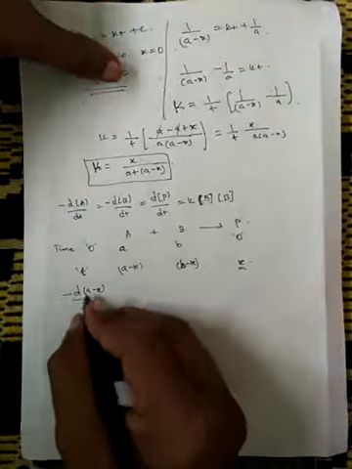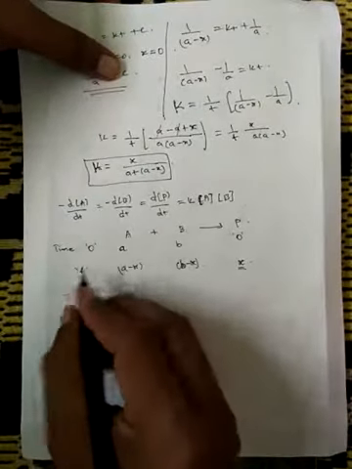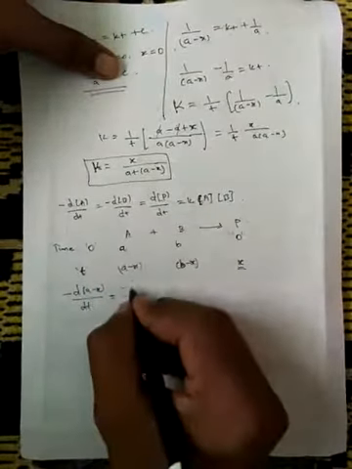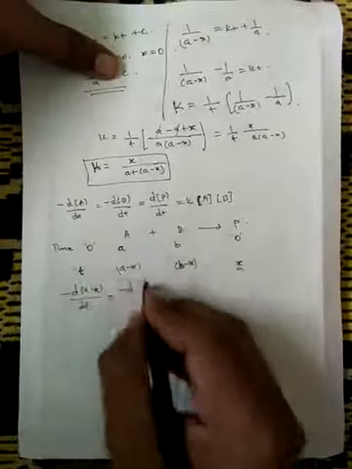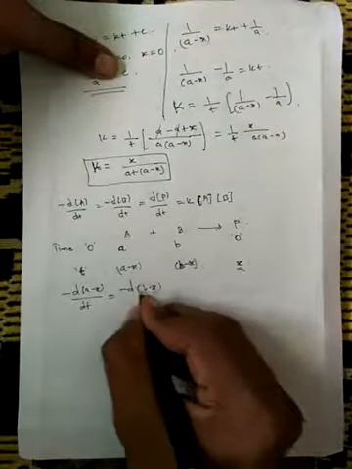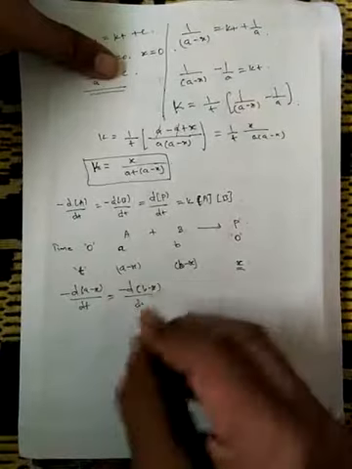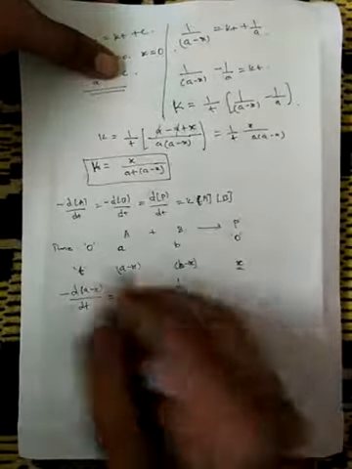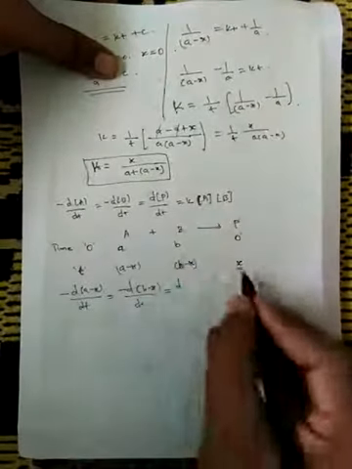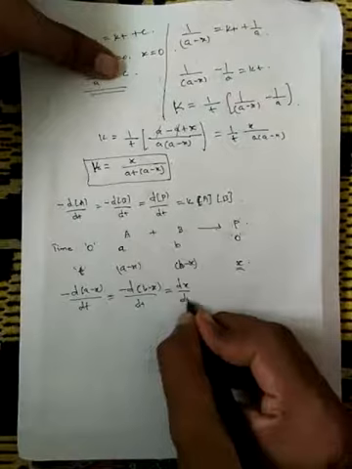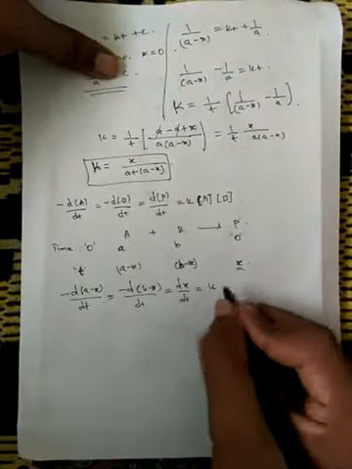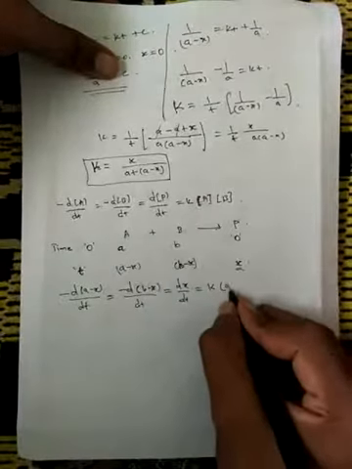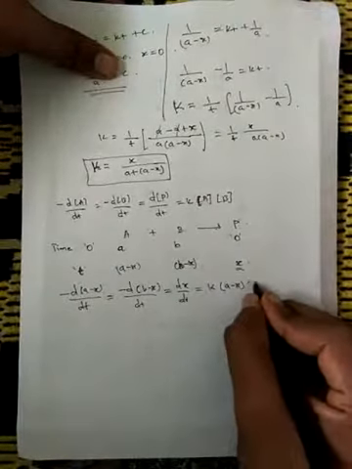So this is the rate with respect to A, equal to minus d concentration of B at time t, which is b minus x, divided by dt, and equal to d concentration of product, which is x at time t. At time t, concentration of product is x, so dx by dt equal to k, concentration of reactant A is a minus x, and reactant B is b minus x.